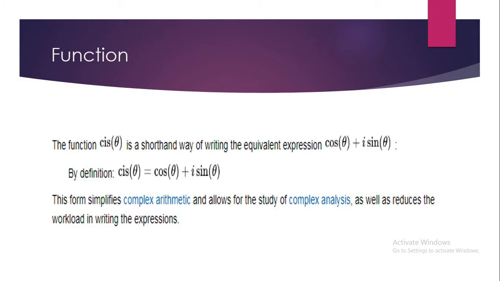By definition, cis theta equals cos theta plus i times sine theta. This form simplifies complex arithmetic and allows the study of complex analysis, as well as reduces the workload in writing the whole expressions.